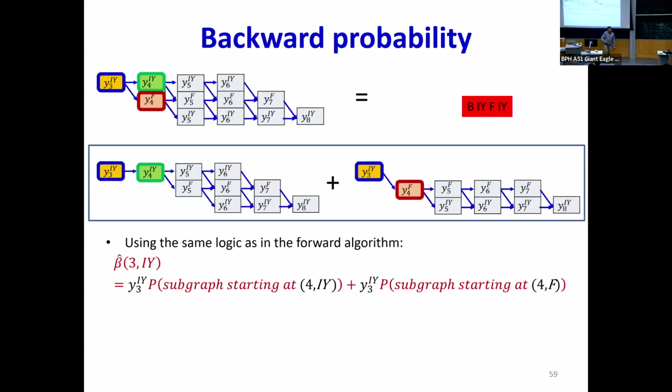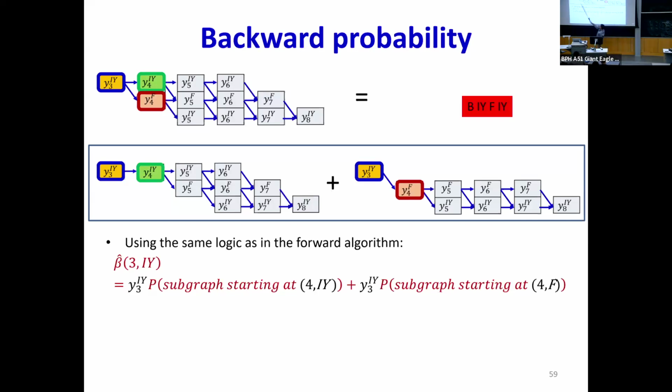So the total probability of all paths that go from Y3E to the bottom right of the graph is going to be Y3E times the probability of this subgraph plus Y3E times the probability of this subgraph. That's beta TR. That's what I'm calling beta hat TR.